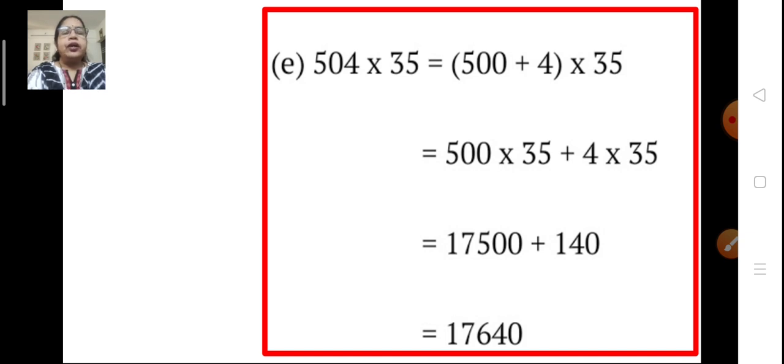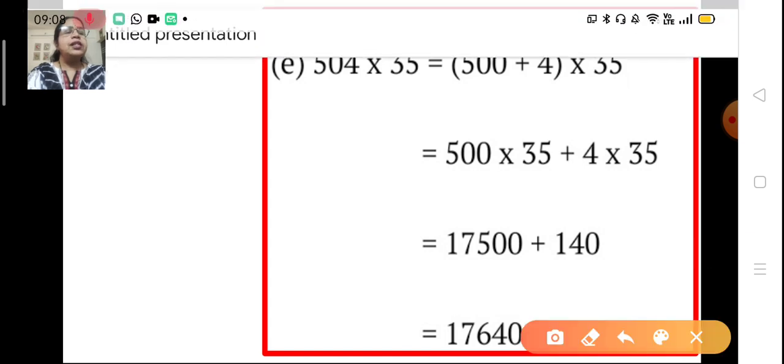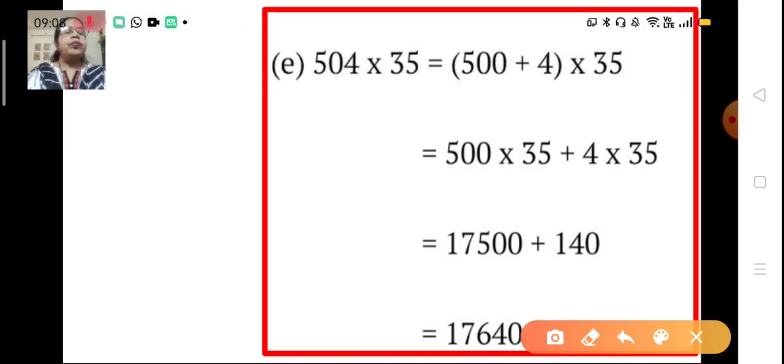It is 504 multiplied by 35. So, here we can expand any of the numbers 504 or 35. We have expanded 504 here, which can be written as 500 plus 4, isn't it? Now, we will multiply each of the numbers 500 and 4 by 35 and find the sum. So, it is 500 multiplied by 35 plus 4 multiplied by 35.